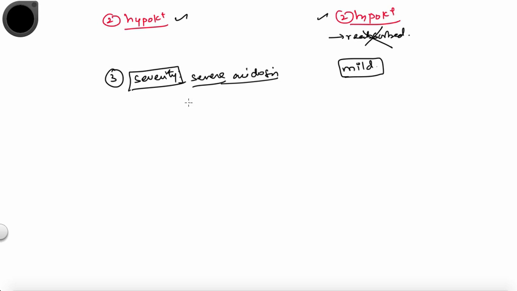This severity is clearly evident in the serum bicarbonate levels: in distal RTA the serum bicarbonate usually tends to be less than 15 milliequivalents per liter, and in proximal RTA it tends to be more than 15.